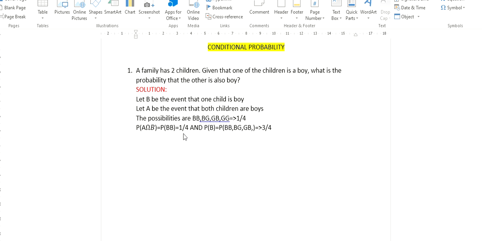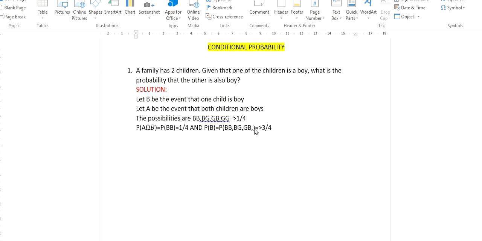What is a boy? 1, because they are asking for 1. So I have written 1 by 4. And what is the probability of the other also being a boy? Out of 4, the other chances are BB, BG and GB that I have taken. GG I have excluded because they are not asking about the girl. So 3 out of 4 combinations we have.